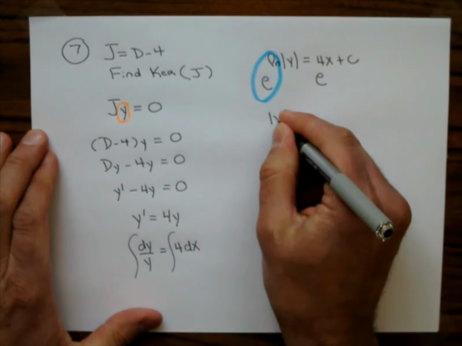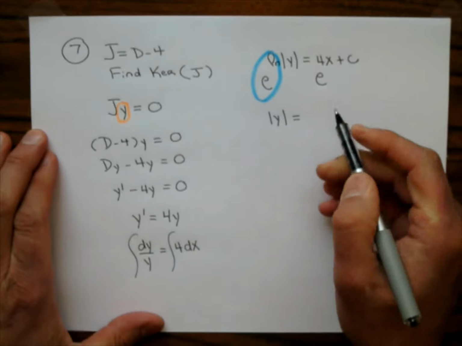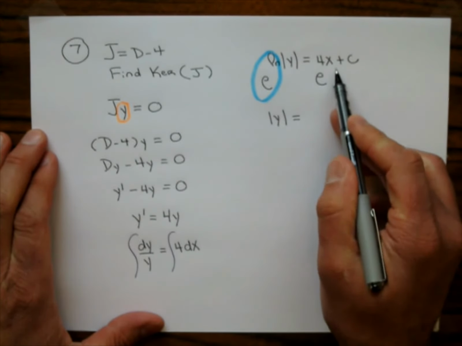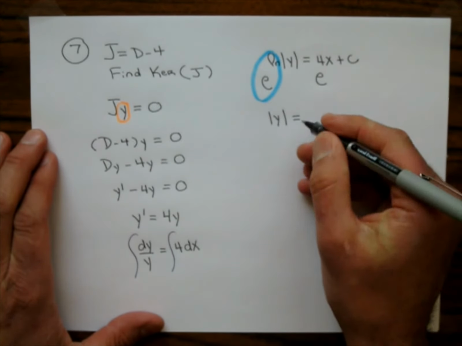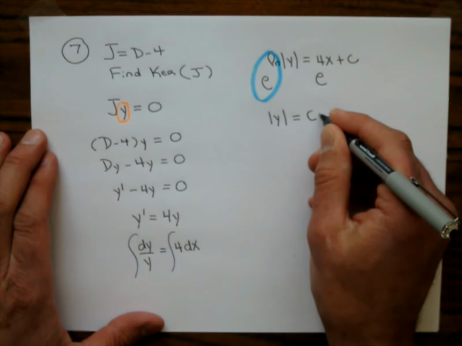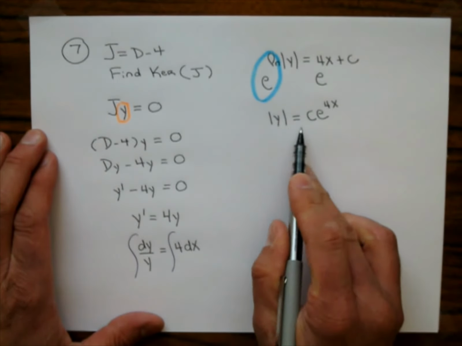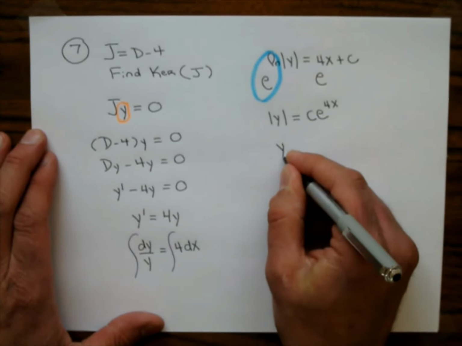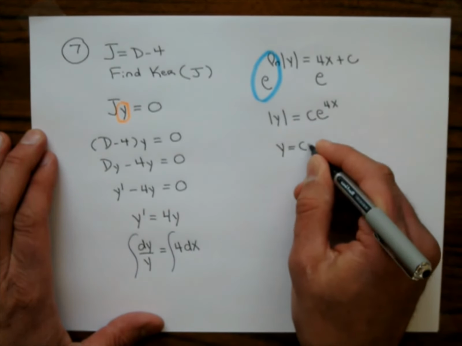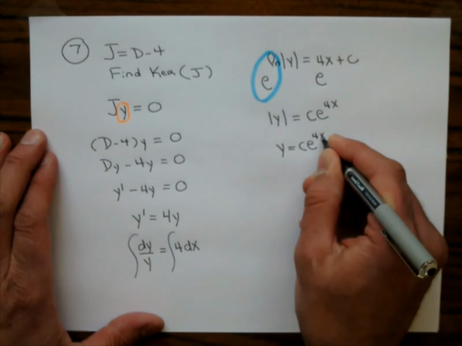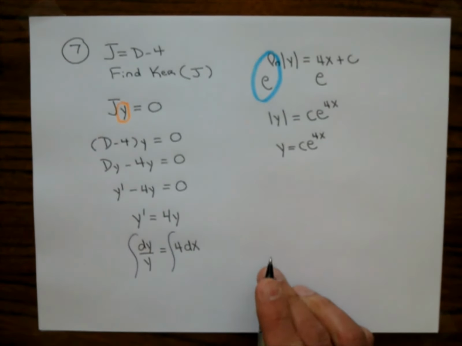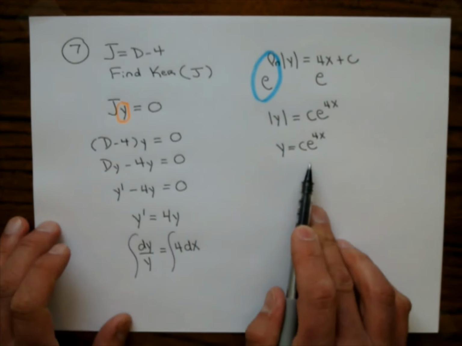I have absolute value y equals e to the 4x times e to the c, being another constant, and that c can absorb the absolute value. I have y equals c e to the 4x. And this solves the differential equation.